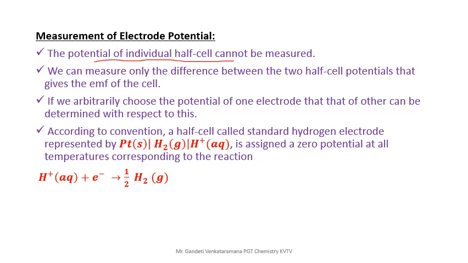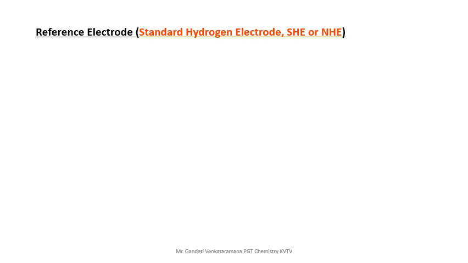The potential value is assigned a zero potential at all temperatures corresponding to the equation. The equation is given below, so you need not worry, you will understand. Reference electrode, the other name is standard hydrogen electrode, SHE or NHE. Clear? I would like to go through the points one by one.